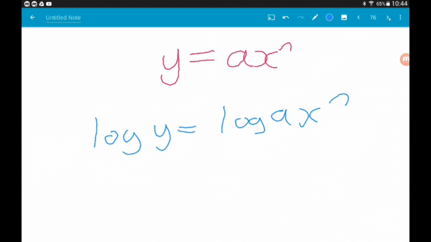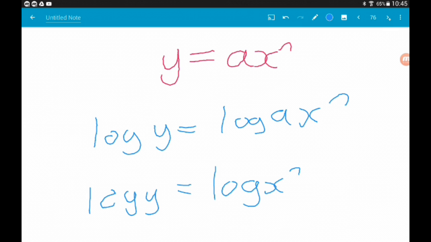So we're going to get log y is equal to, now I'm going to write it this way around, log x to the n plus log a. Remember, if you add logarithms, and they've got the same base, you multiply the thing being logged. So we've just done that backwards, we split it up.